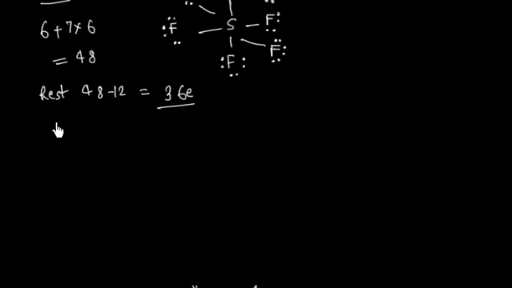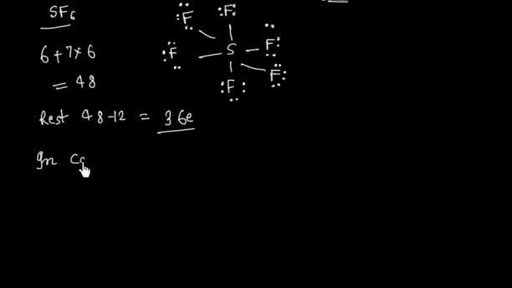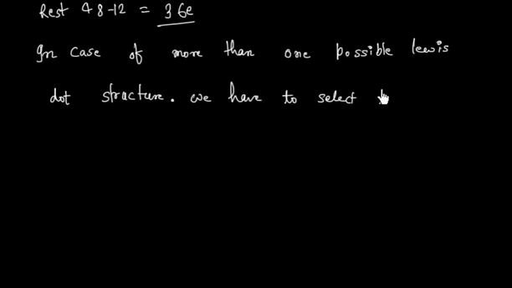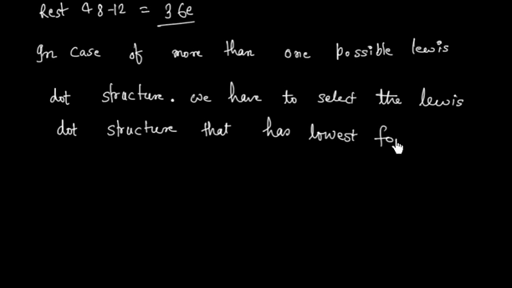We can use this as a rule: in case of more than one possible Lewis dot structure, we have to select the Lewis dot structure that has the lowest formal charge.